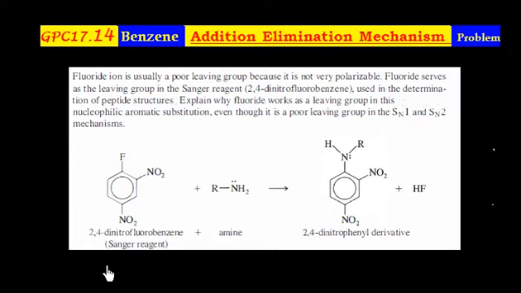Now this problem is related to addition elimination mechanism. Let us read this problem.